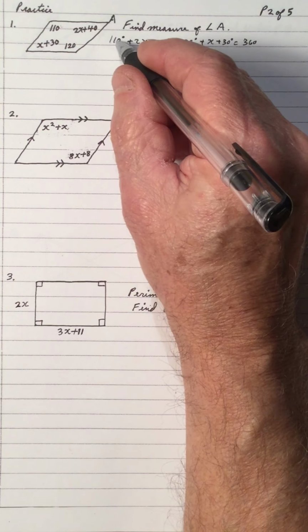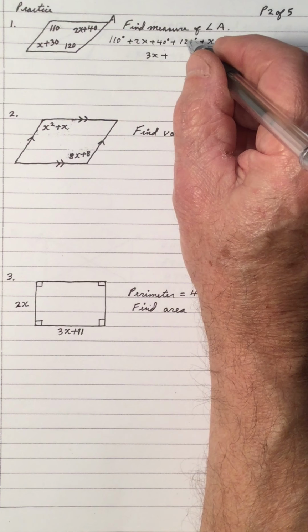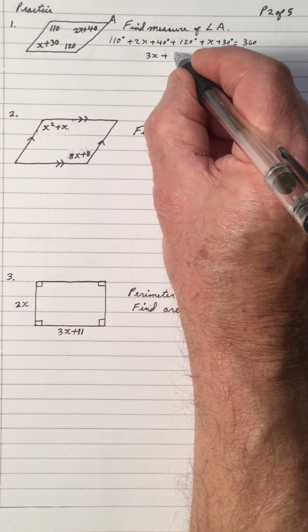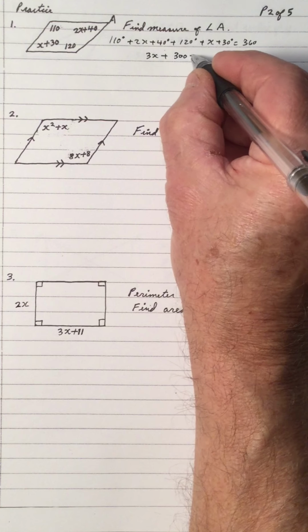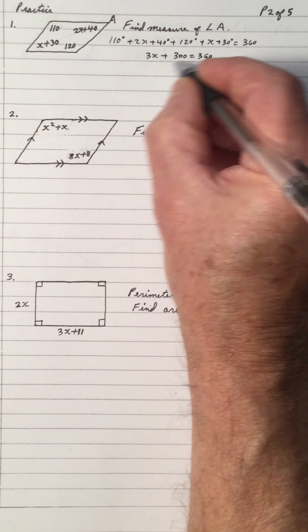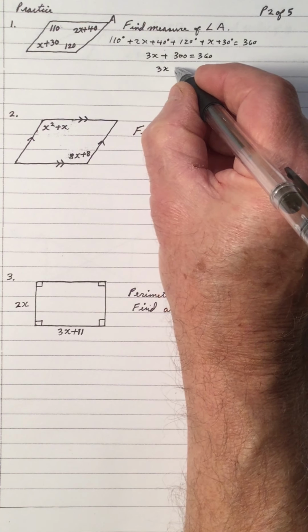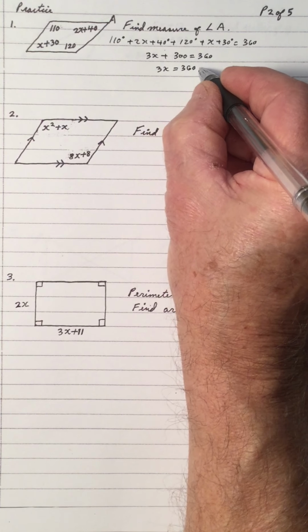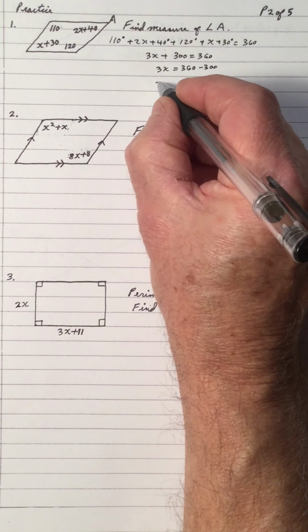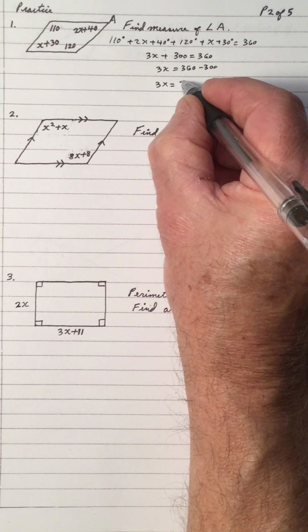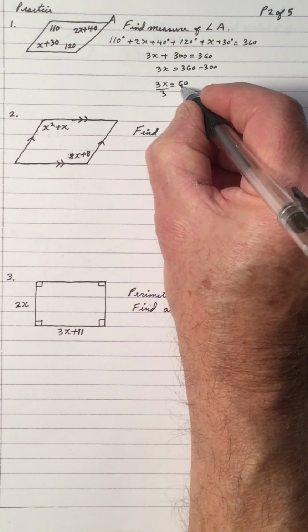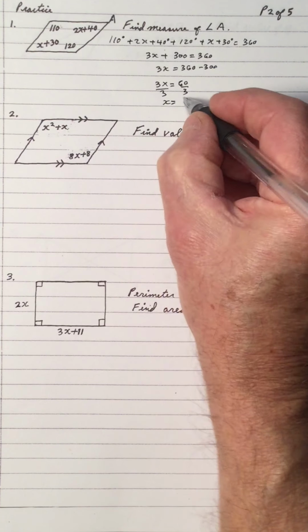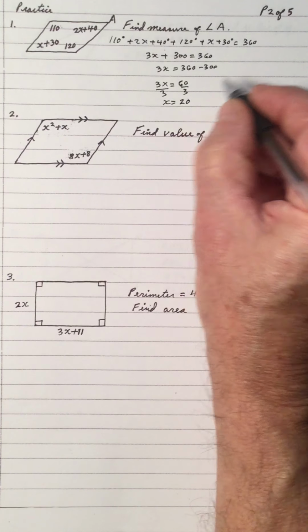And we add up 110, 40, 120, and 30. That adds up to 300. So 3x equals 360 minus 300. 3x is equal to 60. Divide by 3, and x is equal to 20.